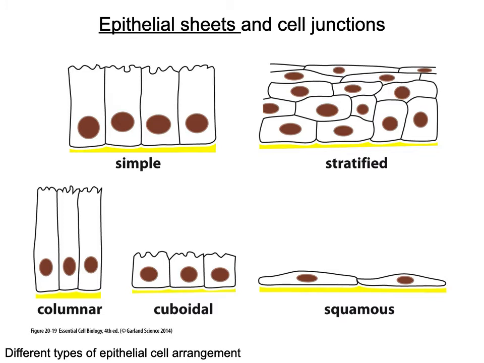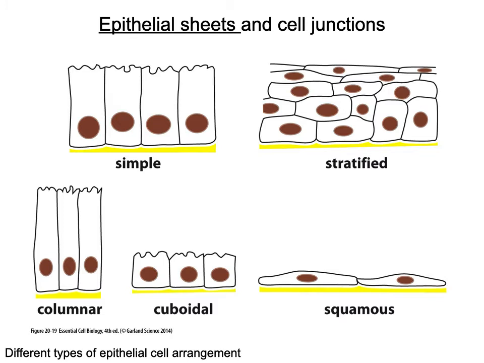If you've taken A&P and talked about the different organ systems, you would have talked about the different types of cells that are present in different areas of the organs, depending upon the function. I always love the kidney because it's one of those locations where you can find all these different types of epithelial sheets, and it all relates to where you are in the kidney and what the function of that region is.